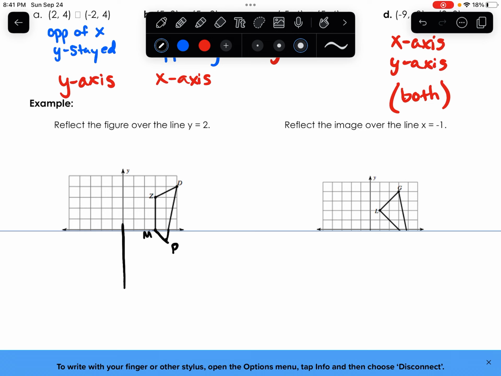Okay, so that's what my picture looks like. So this time it's a reflection over the line y equals 2. Okay, so when we have y equals, it is going to be a horizontal line.